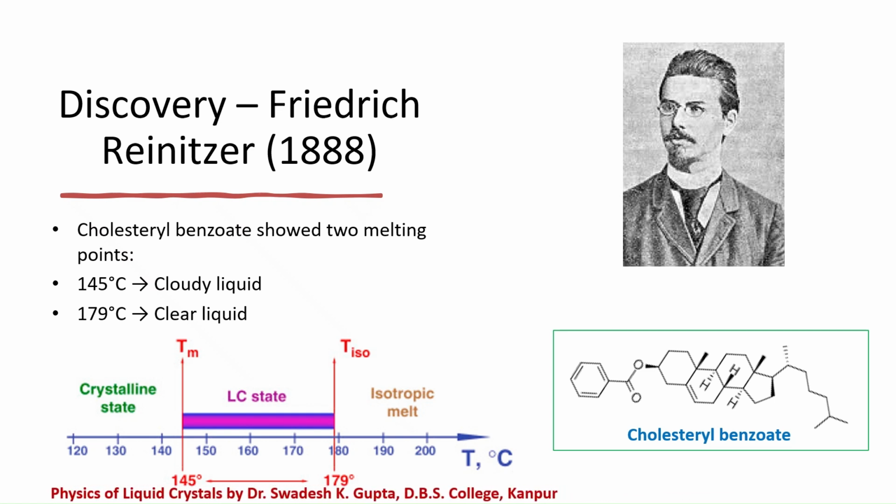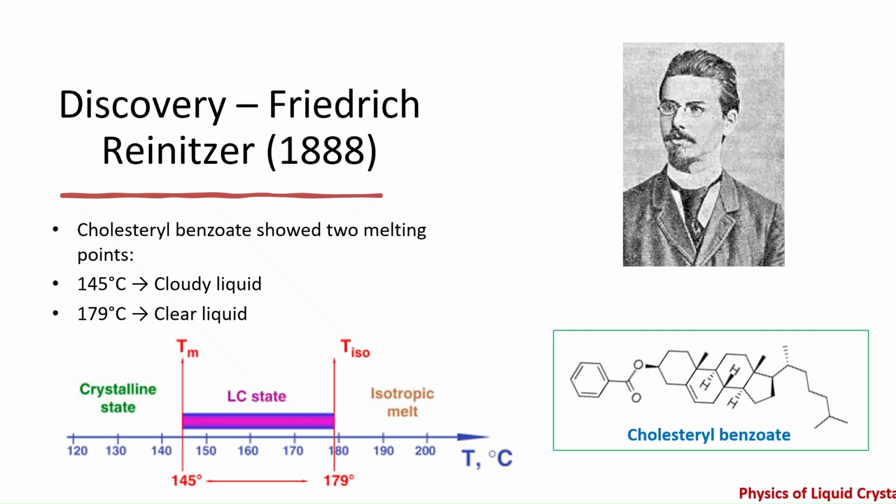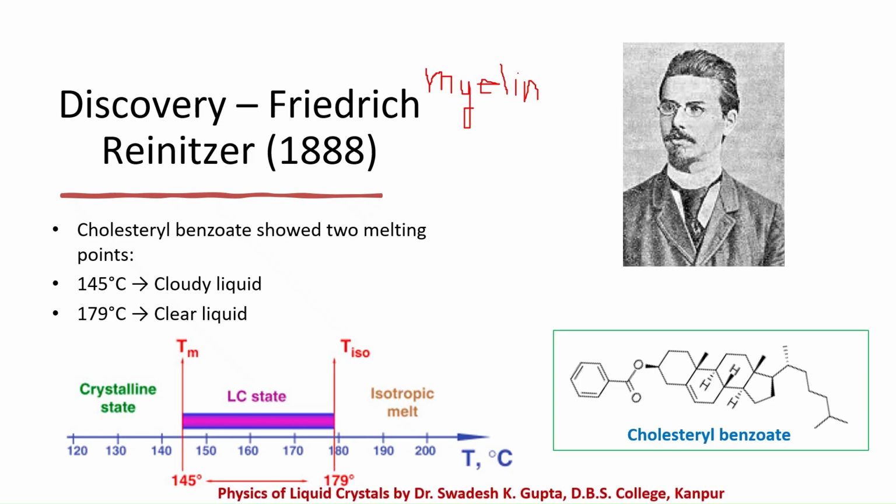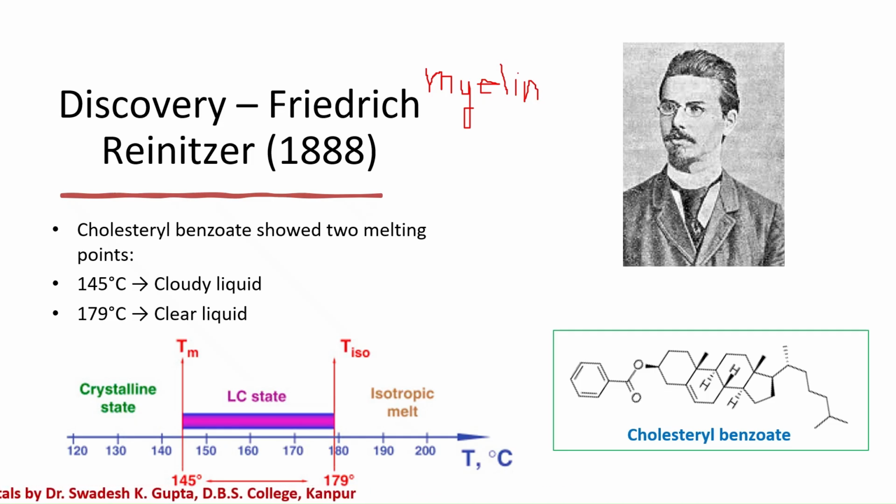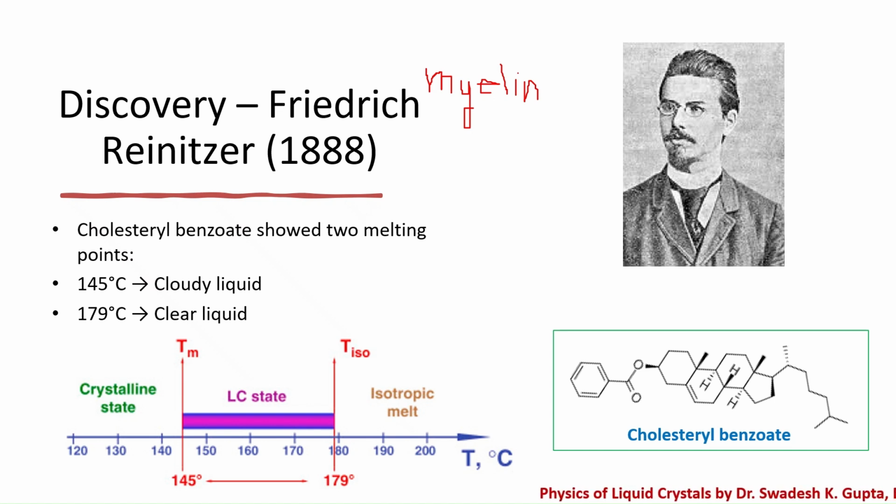The first observation of birefringence in a fluid took place around the mid-1800s, when myelin was taken from nerve tissues and showed curious birefringent liquid behavior.